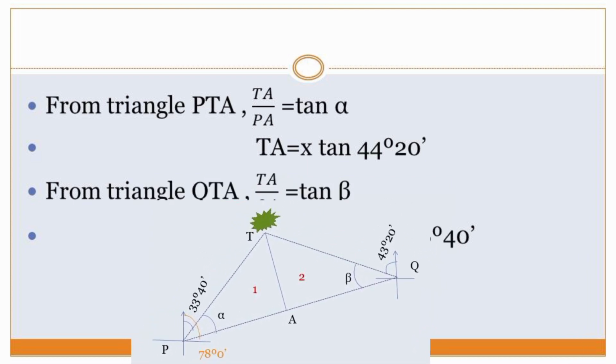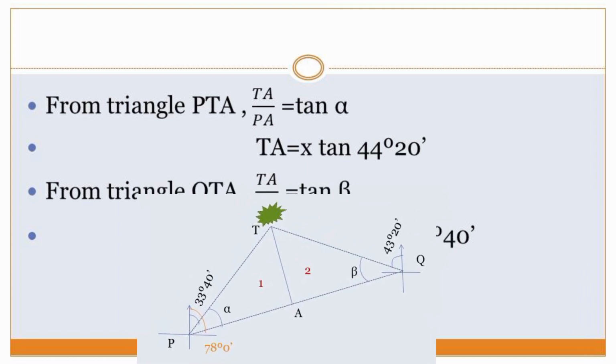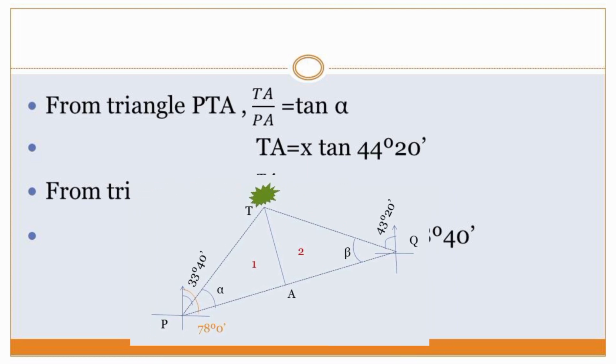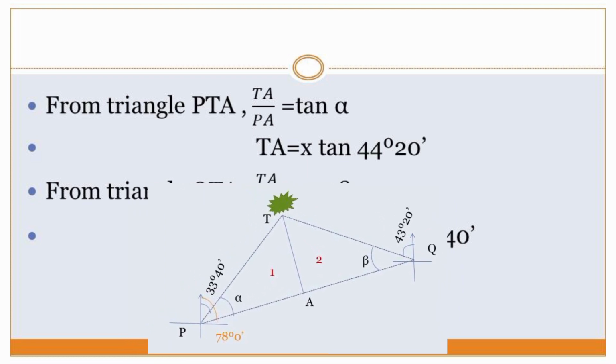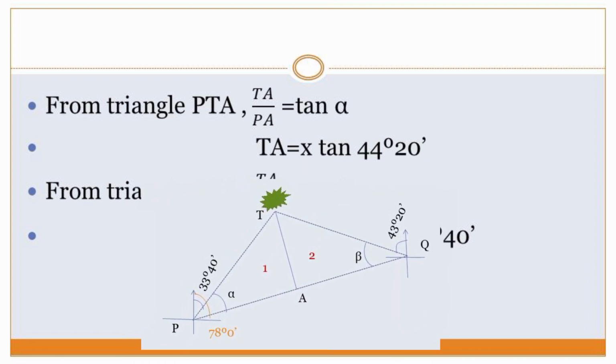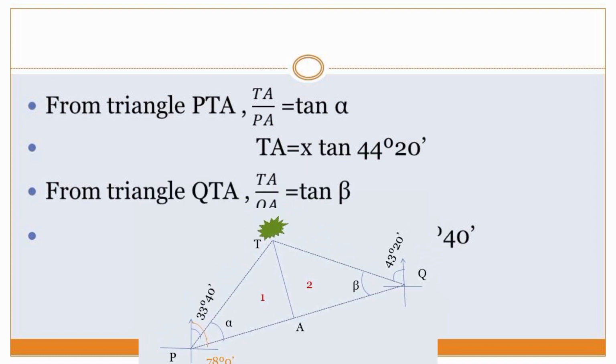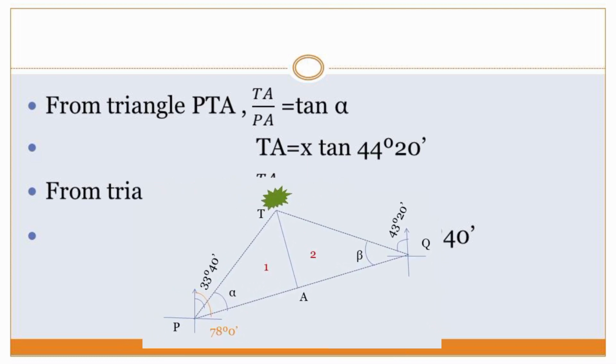So the opposite is TA, over PA, will be equal to tan of the angle, and our angle I had already calculated earlier.